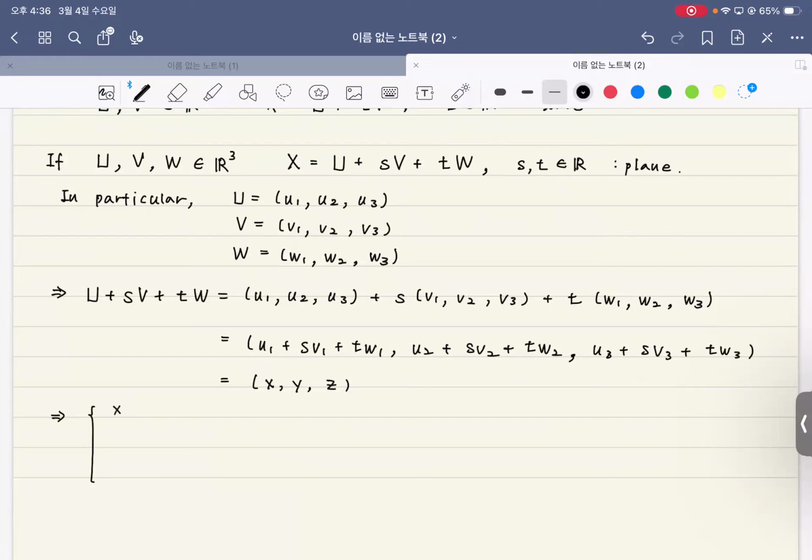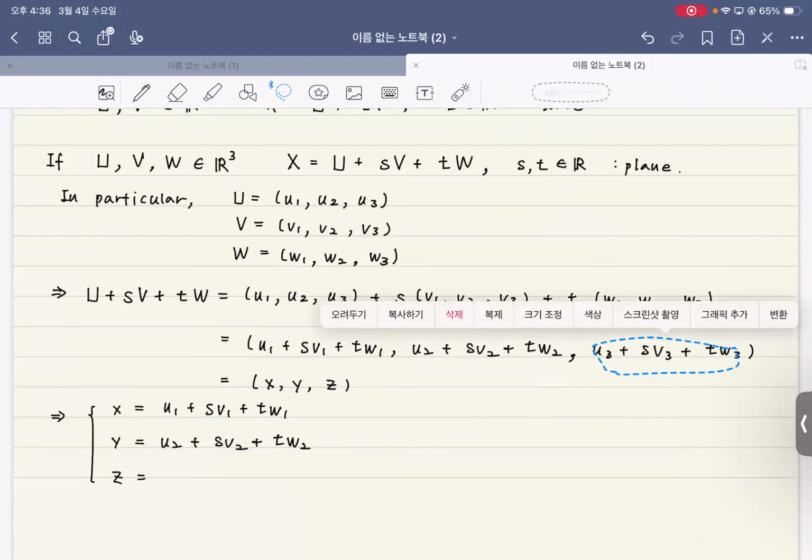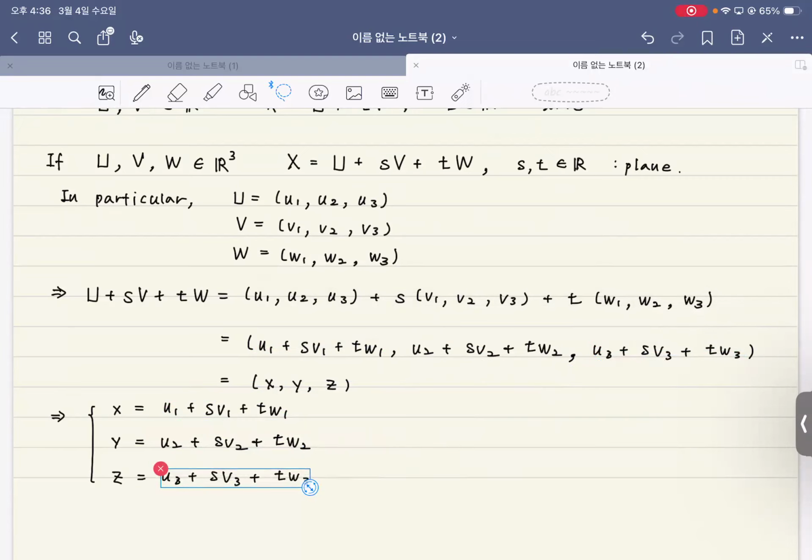So this is the x coordinate, this is the y coordinate, and this is the z coordinate. Okay, so this is how we describe any general two-dimensional plane.